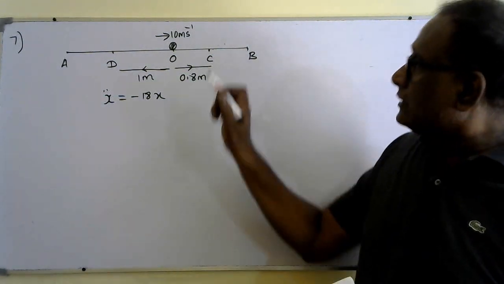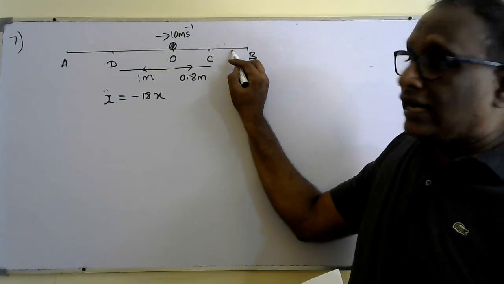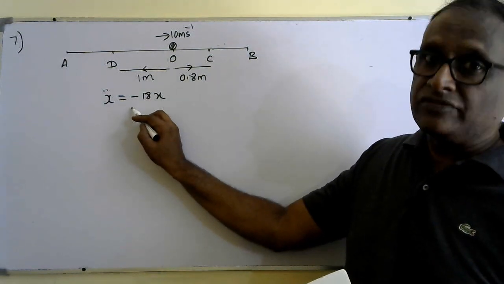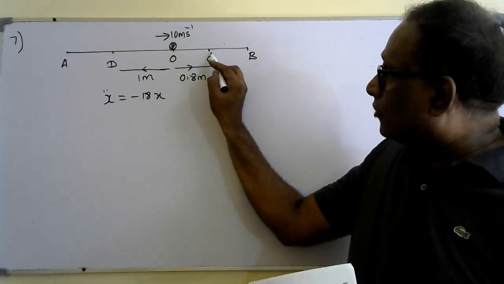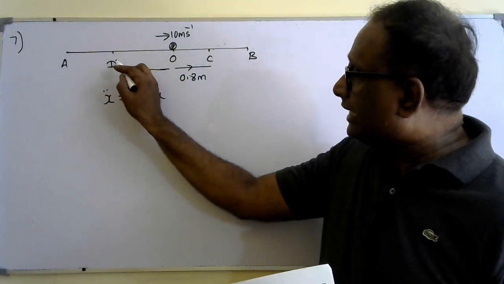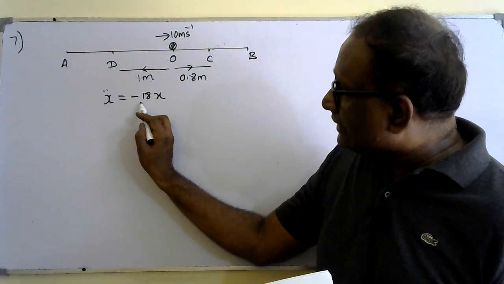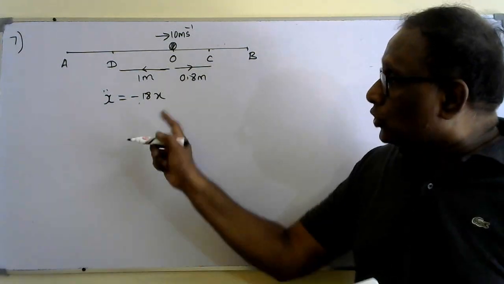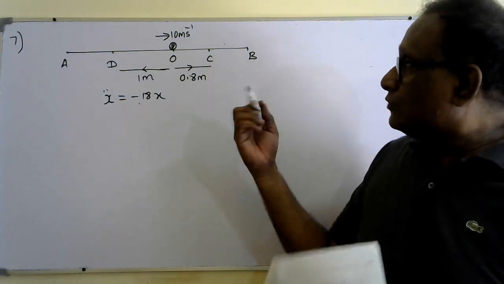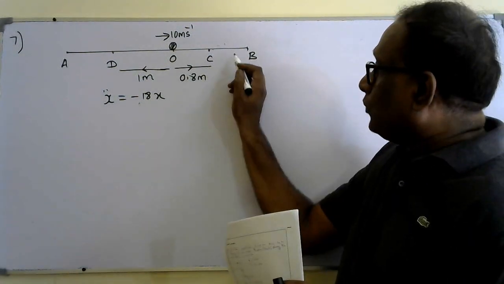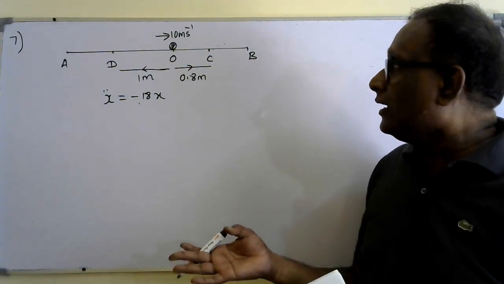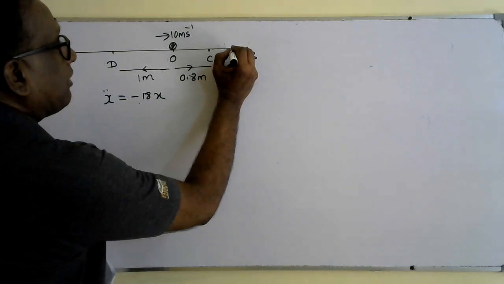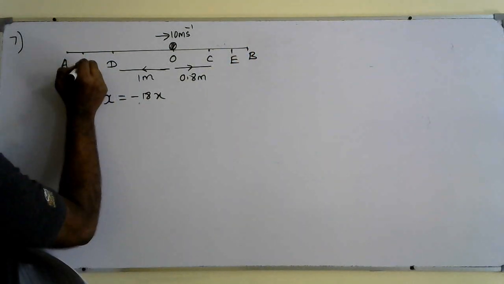When it reaches C, the equation is valid and omega squared is 18. From C to O it will move, then O to D. In case it moves beyond that, again the equation is invalid, and it might come to rest somewhere and then move back. So during one full oscillation, we don't know whether it reaches a point where this equation is invalid. We don't need to worry about it, but we need to consider that during one oscillation there may be points, say E and F.